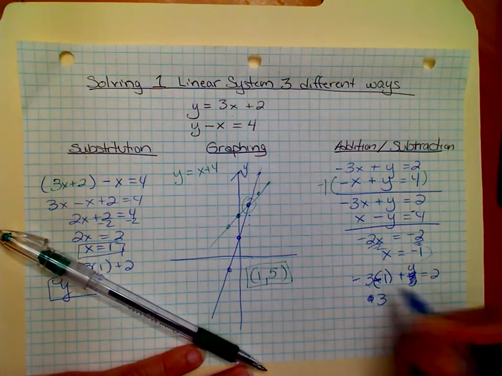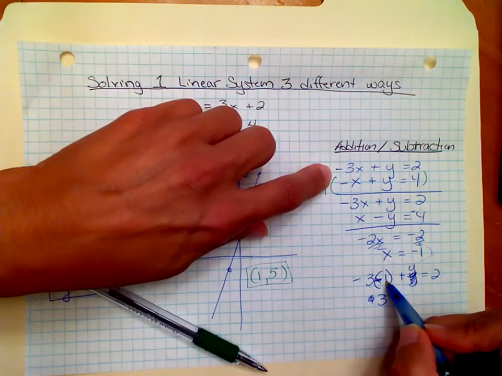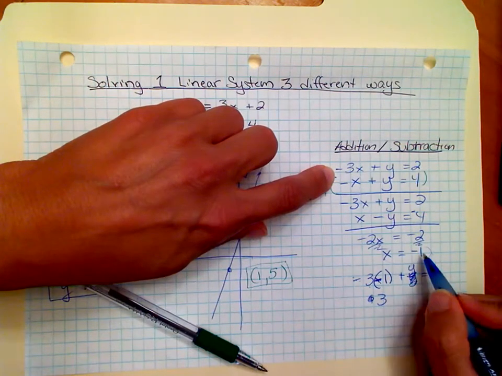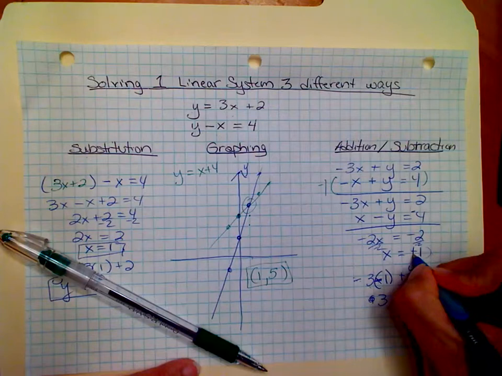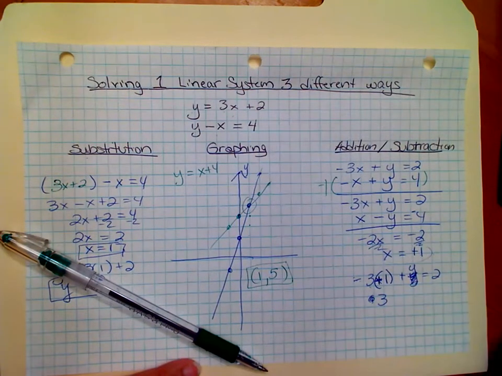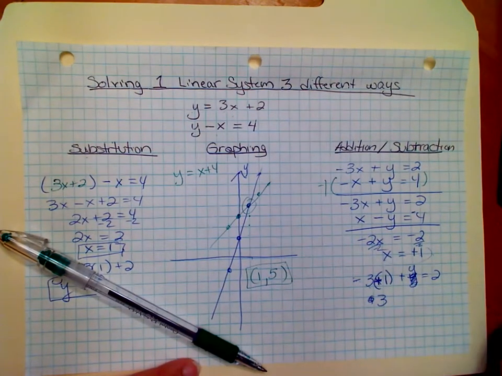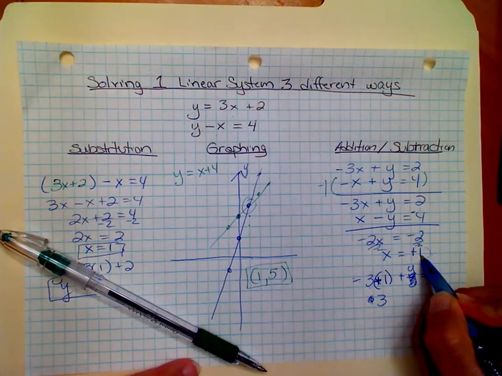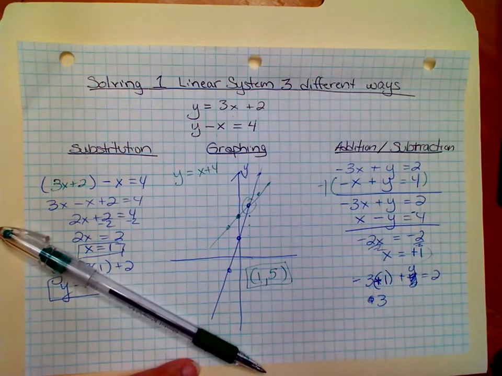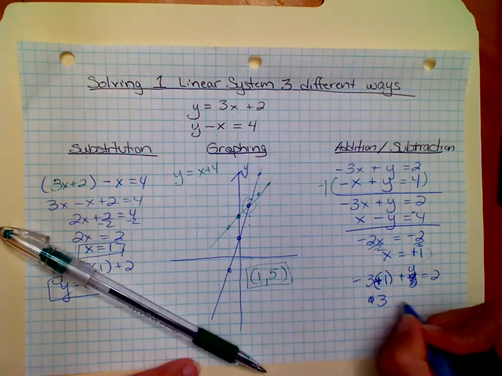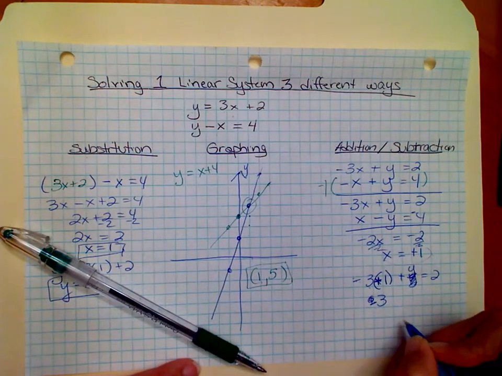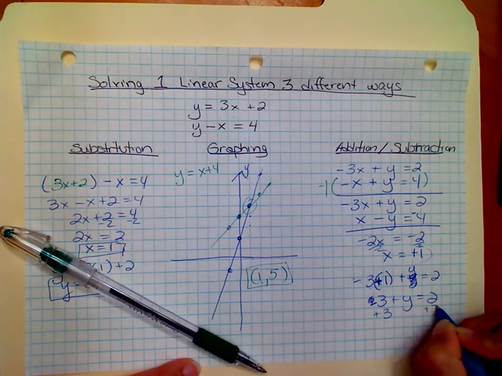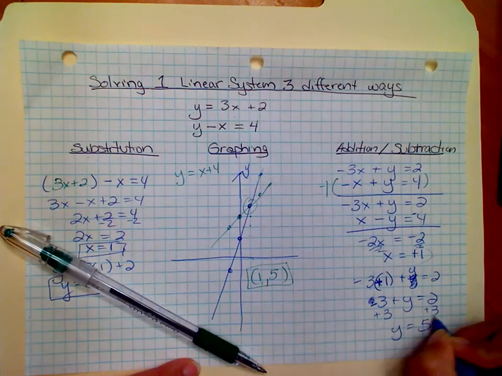I got a negative 1, but I was supposed to get a positive 1. That's what's messing me up. Okay, correction made. A negative 2 divided by a negative 2 is indeed a positive 1, and I should have known that from over here because that was a positive 1. Okay, so now we're good. This is a negative 3. So when I add 3 to both sides, I get y equals 5.